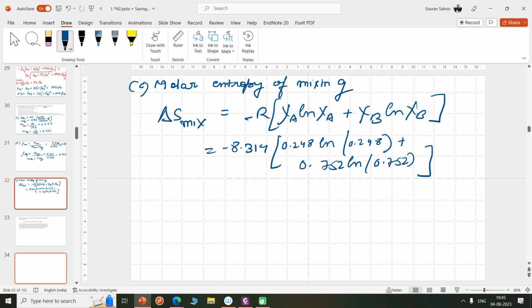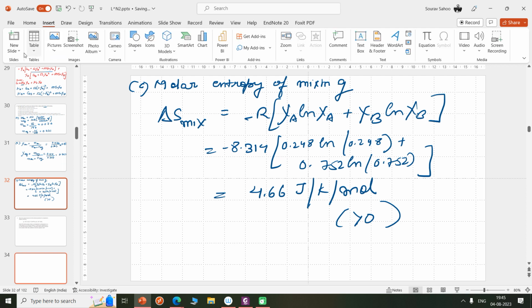That should give me 4.66 joule per Kelvin per mole. Okay, so this is actually positive. So upon mixing, my entropy is increasing. That's one point. I will put some more slides to solve this.